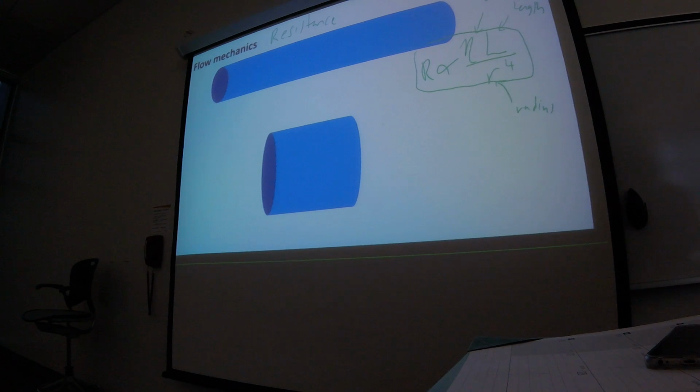And so what this is telling us is viscosity is directly proportional to resistance, meaning the stickier something is. So viscosity is how sticky, how thick something is. A good example of something that's really viscous is honey. Honey is really viscous, or molasses is really viscous.